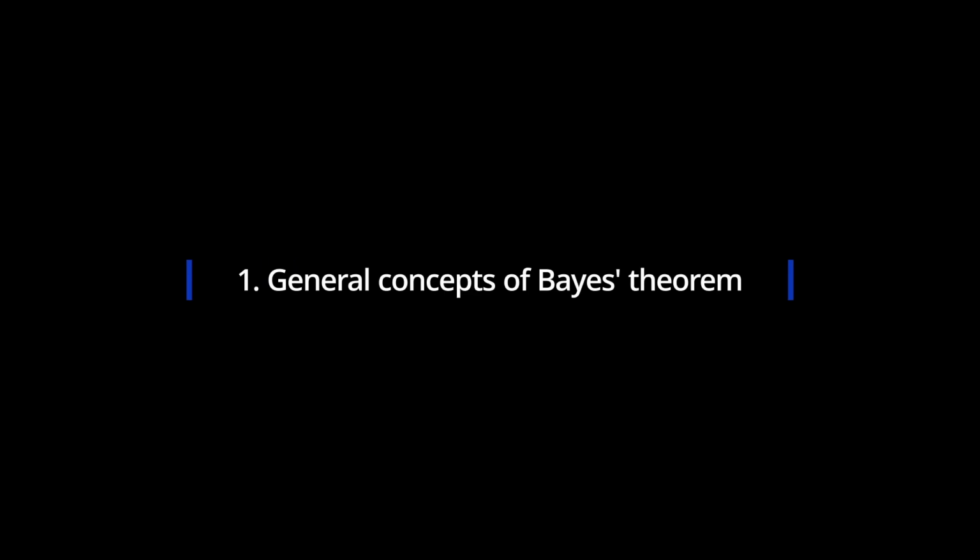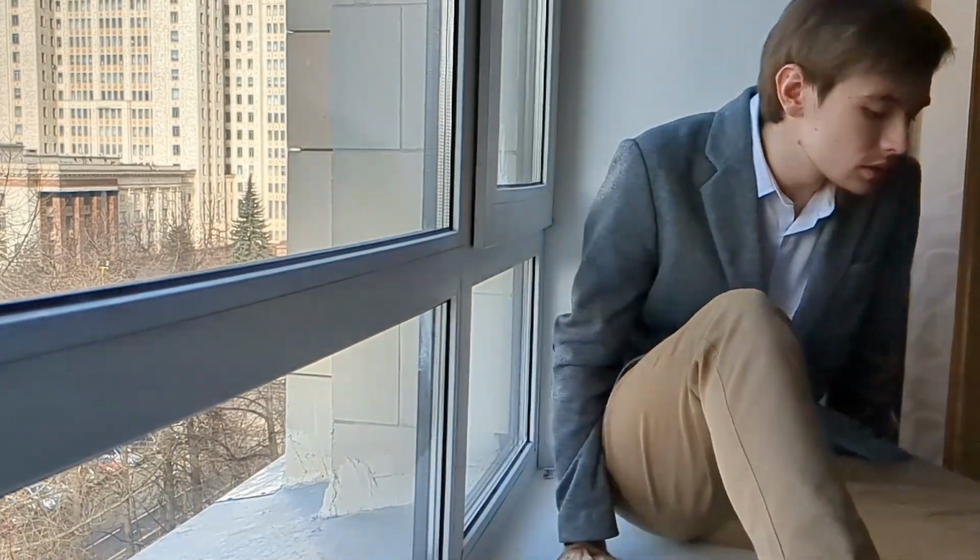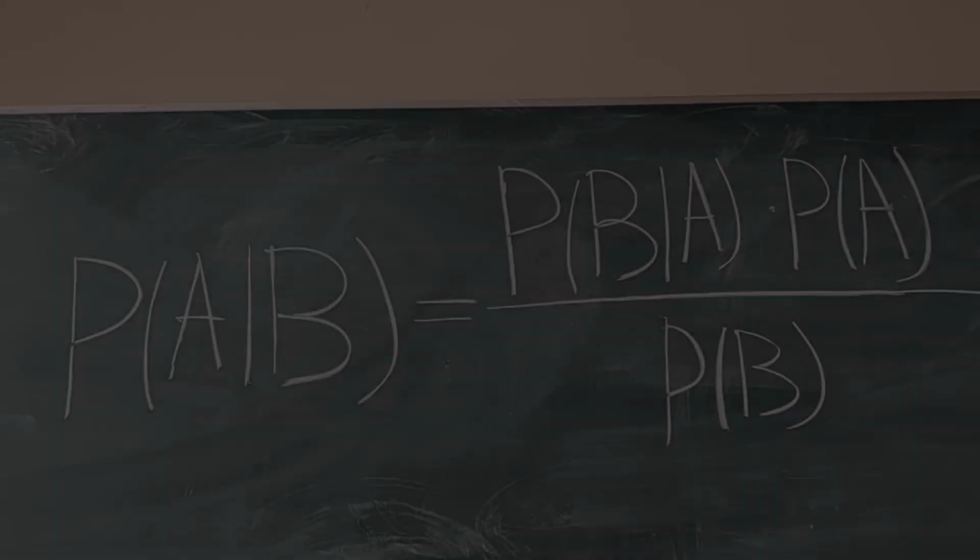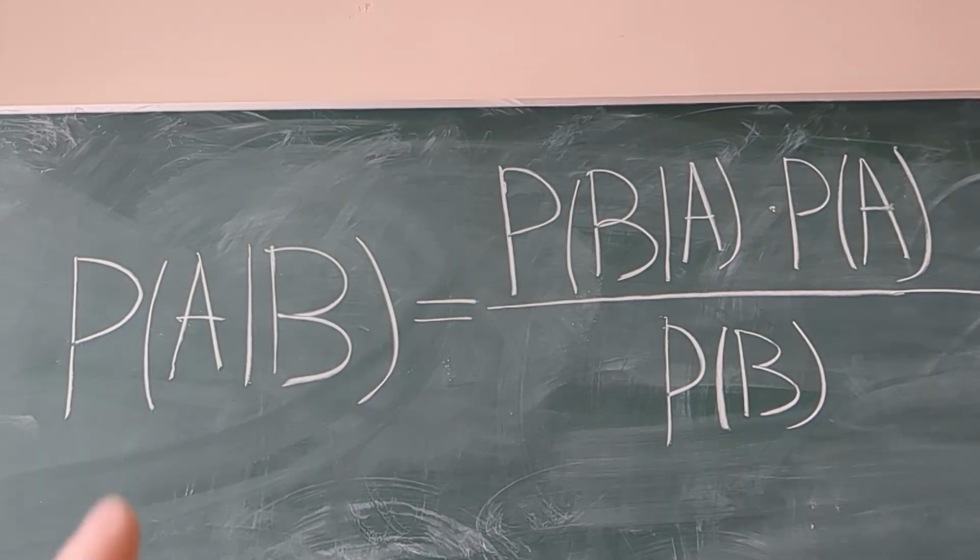General concepts of Bayes theorem. Bayes theorem is a simple mathematical formula used to calculate conditional probabilities. You all know it, but let's remember what it looks like. It shows how often event A occurs when event B occurs, and it has a second name, the posterior probability.